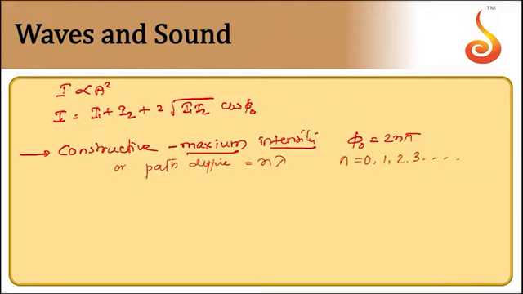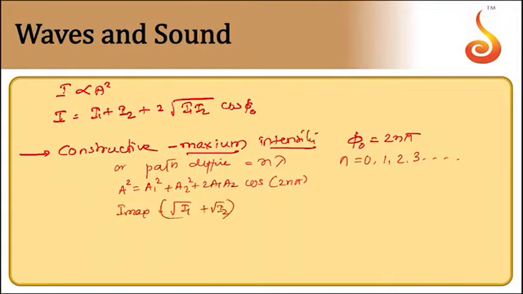And if that condition is met, then the amplitudes are related by this equation: A square is equal to a1 square plus a2 square plus 2a1 a2 cos 2n pi, so this is cos phi naught equal to 2n pi, and I max is equal to root I1 plus root I2 whole square.